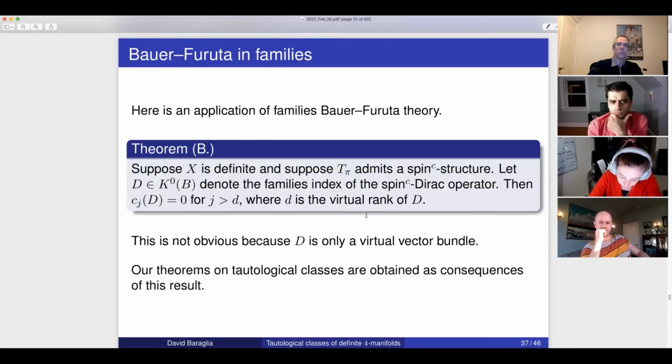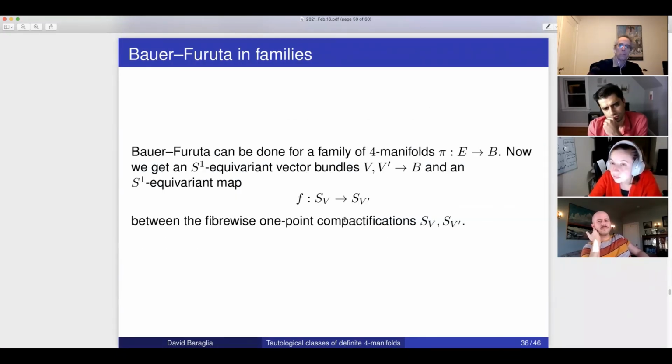So basically it comes by looking at the fixed points under the circle action. And that sort of gives you a commutative diagram, because you look at the restriction of F to the fixed points. And then you do an argument involving the Thom isomorphism.